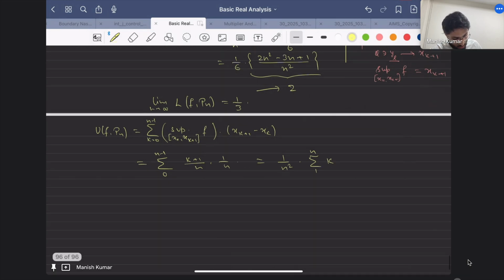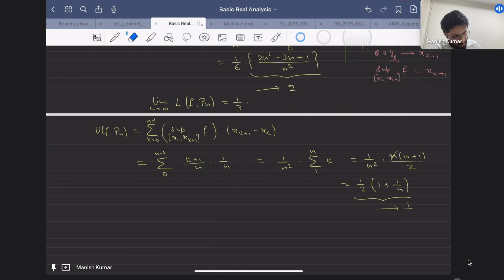And this I know is 1 by n square, n into n plus 1 by 2. So this is 1 by 2, and then one n cancels with this, 1 plus 1 by n. So this converges to half.